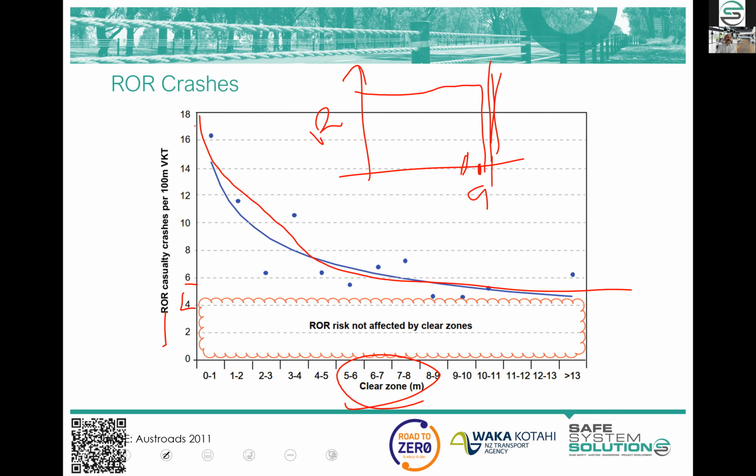Now, of course, we all intuitively know that's not the case, but that was the way clear zones were playing out. So what we're now doing under Part 6 and the way we think about a roadside is to understand that risk goes down, pretty significantly over those first 4 to 5 meters, and then it just peters out like that. And it really doesn't ever get to 0, or much lower than that 4, if you're just clearing area.